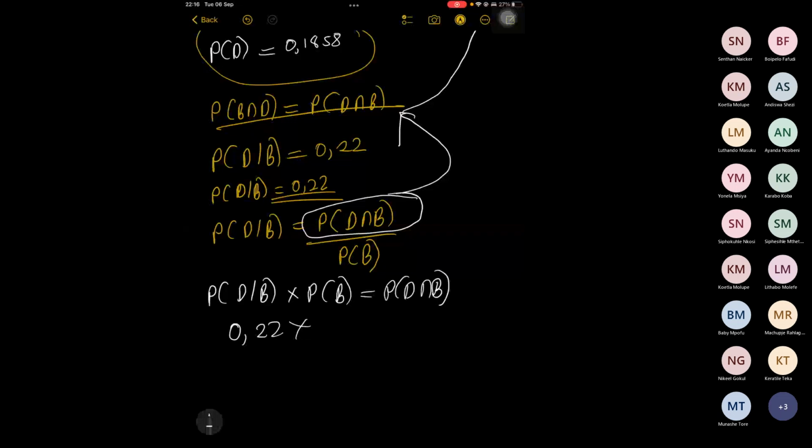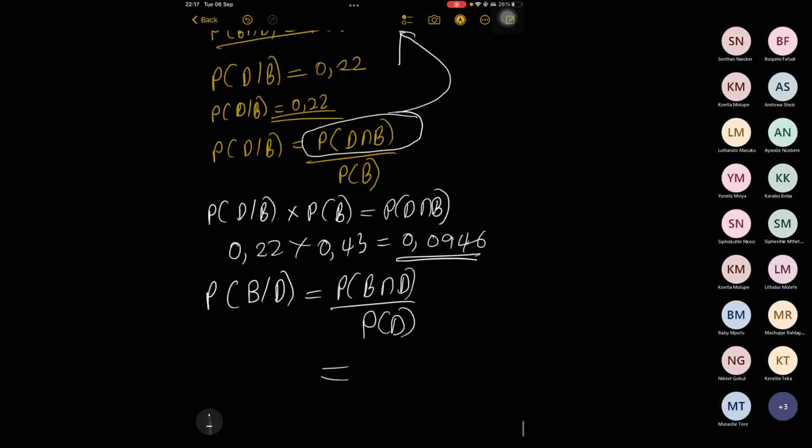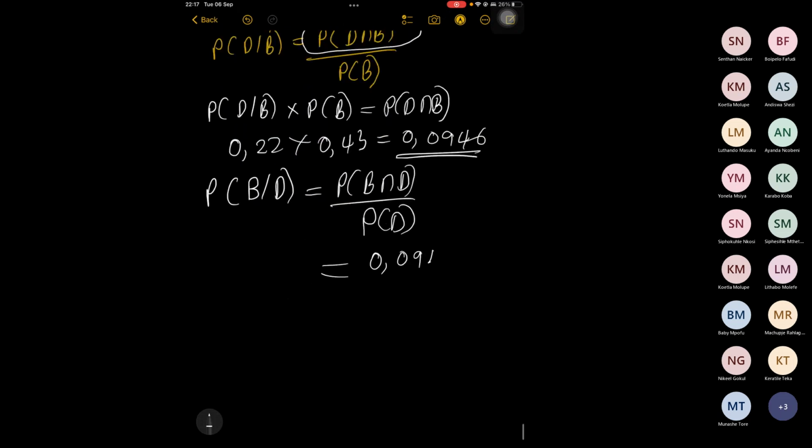Having this now, you can come onto your computation that you did here. Our main interest is the probability of B given D, which is going to be probability of B intersection D over probability of D. Then what's B intersection D? We said B intersection D is 0.0946. Then what's probability of D?